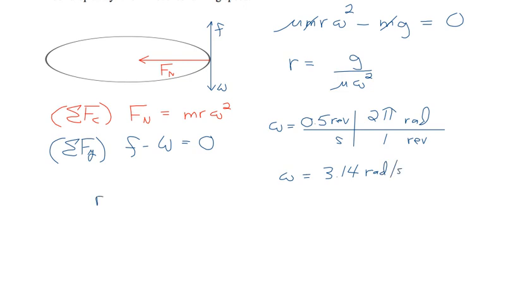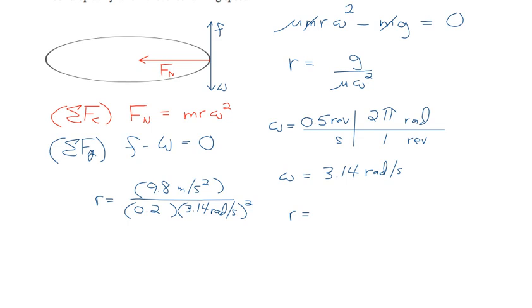So r is going to equal g over mu omega squared. And so for g, we're going to put in 9.8 meters per second squared. For mu, we put in 0.2, right? That was mu. And the omega is 3.14 radians per second. And this is what I mean about the units messing up when you have radians involved in the problem.